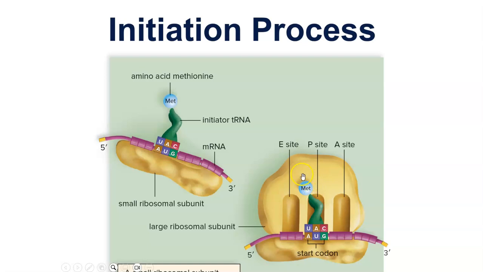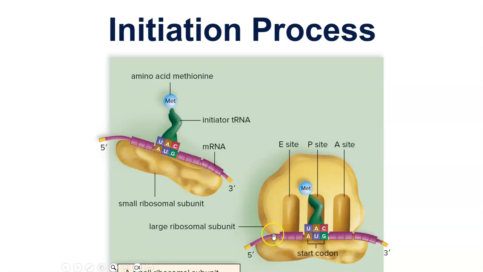P means polypeptide, but I always think of it as permanent, where the amino acid becomes a permanent part of the polypeptide. So the A site means added. That's where the amino acid is added to the polypeptide. And then the P site is where the amino acid becomes a permanent part of the polypeptide.